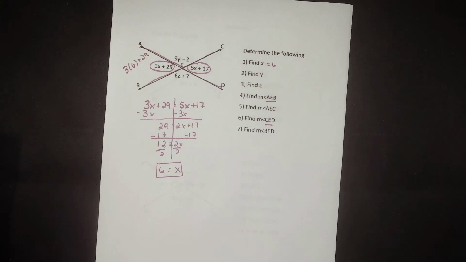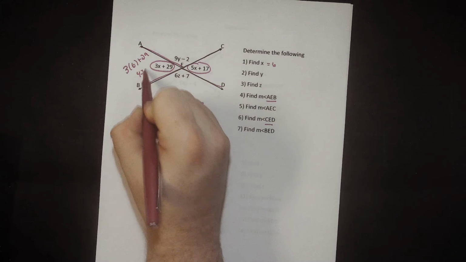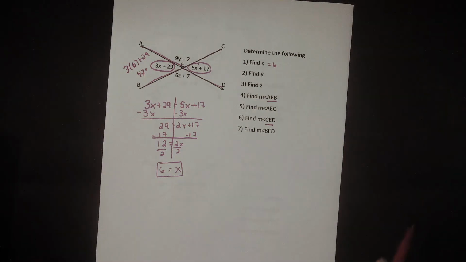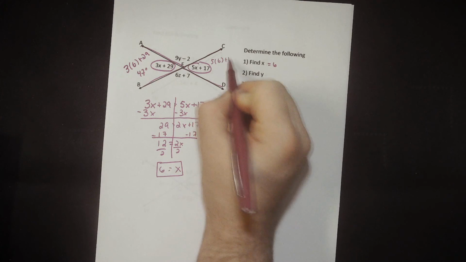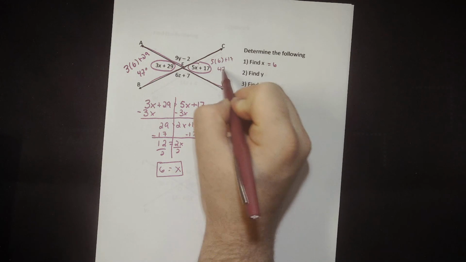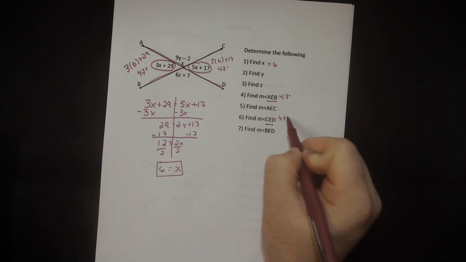So that's 18 plus 29, which is 47. Okay, and then just to check, we would have 5 times 6 plus 17, which is 47 as well. So that means this is 47, and this is 47.